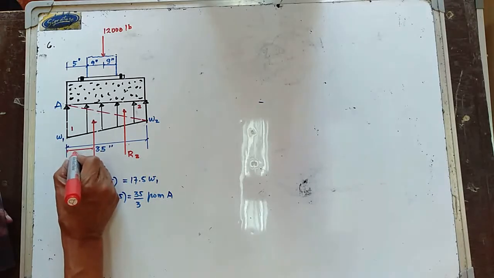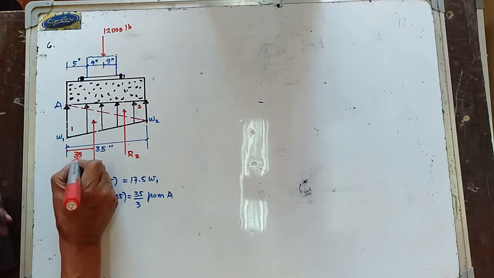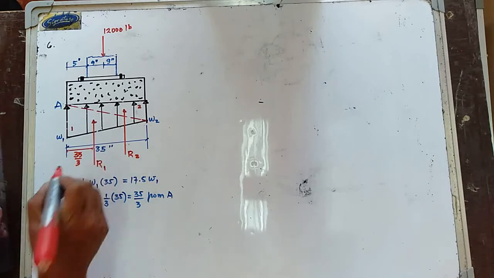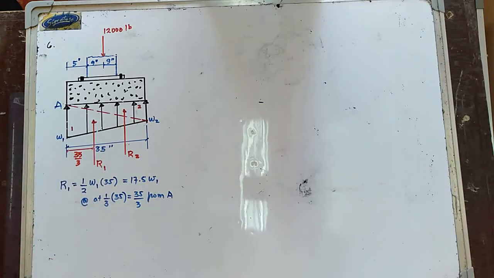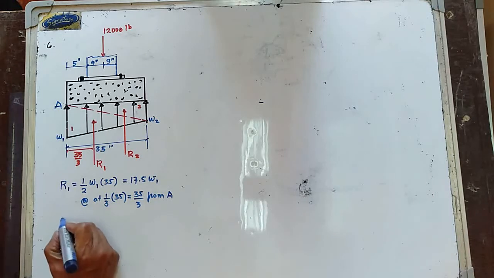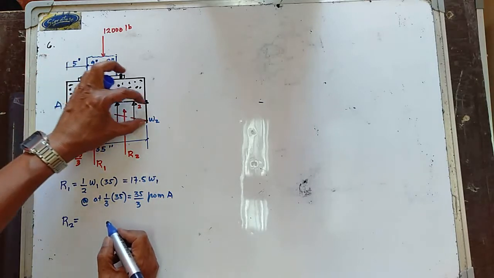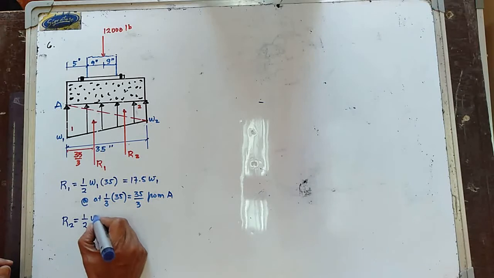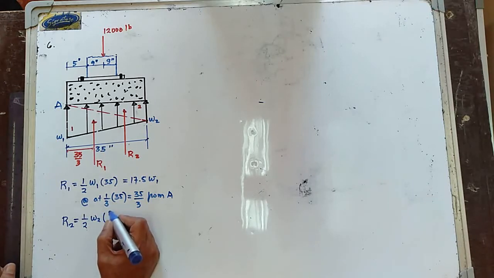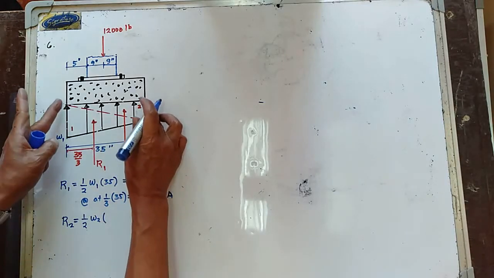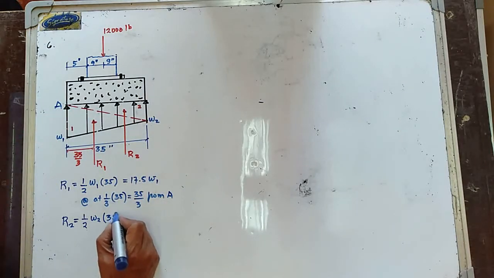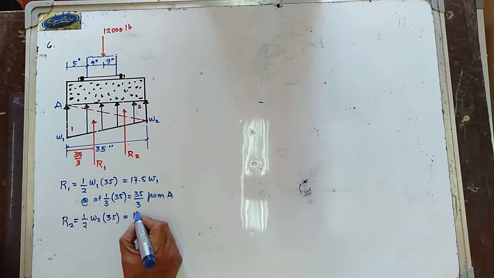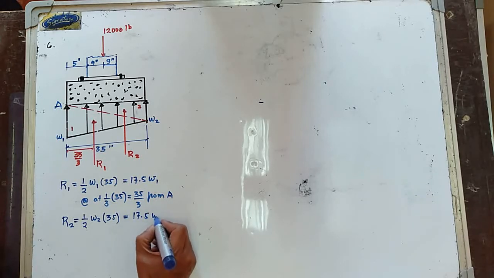This is now your 35 all over 3. Now, your R2 is equal to the area under the load diagram, and again, still a triangular area. So we have 1/2 W2 multiply this one by 35, and this is equal to 17.5 W2.